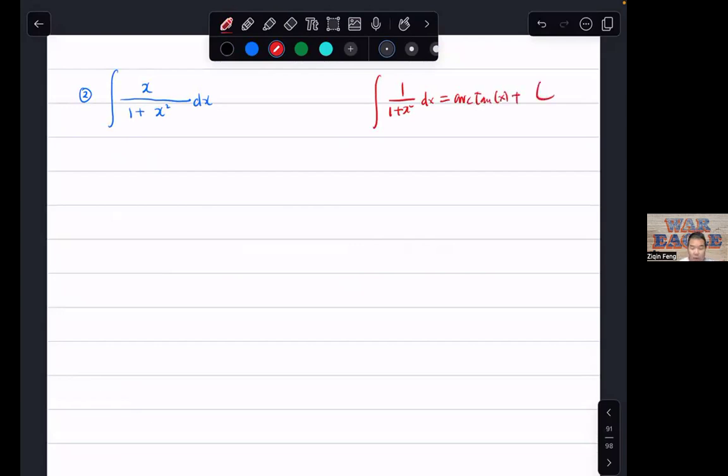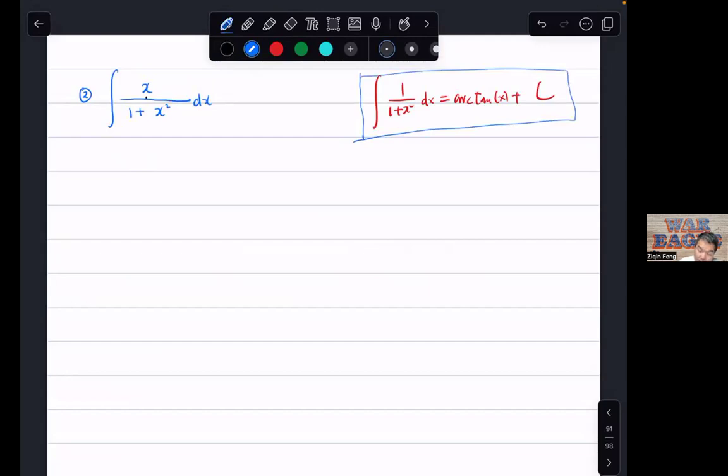You cannot apply this formula, because this one has an extra term, which is x, right? So this is not one of our standard functions. So how do we handle this?